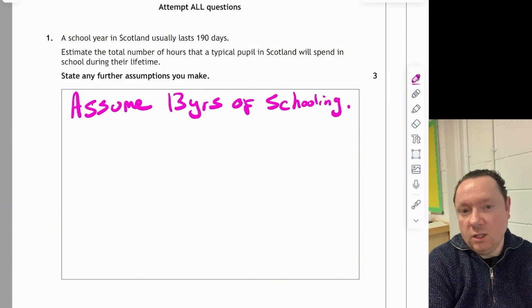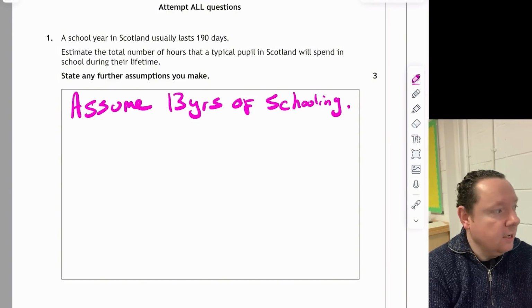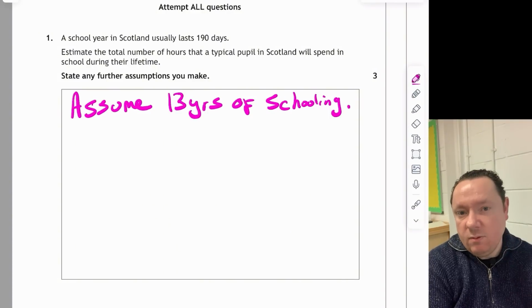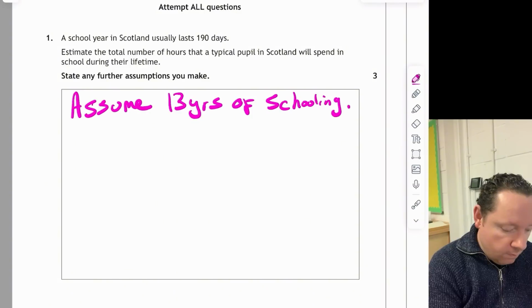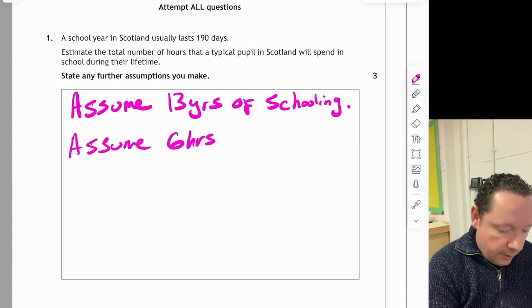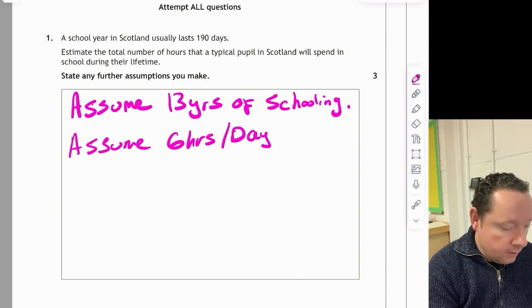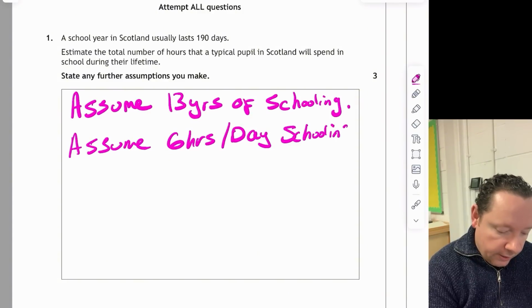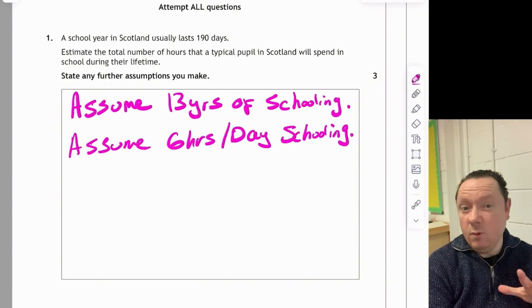Well, maybe our school starts at 9 and ends at about 3, maybe half 3, 9, 10, 11, 12, 1, 2, 3, 6 hours maybe would be reasonable. So assume 6 hours per day of schooling. And again, they're quite lenient with this one. Anywhere between 5 and 8 would be okay with this.